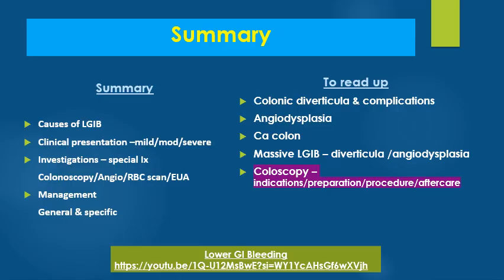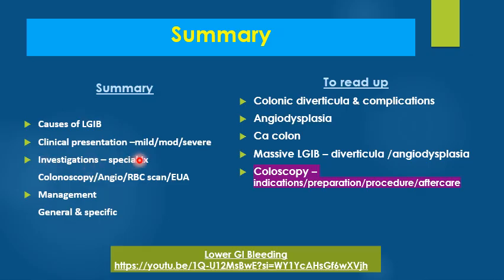Okay, finally, the summary of today's lecture. What is your take-home message from this lecture? First, these are the causes of LGIB, lower gastrointestinal bleeding. We have studied clinical presentation, classified according to mild, moderate, and severe.